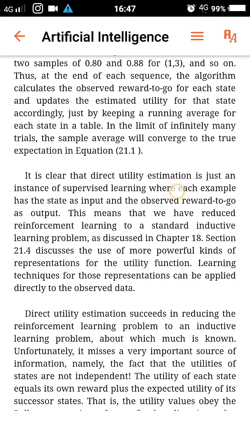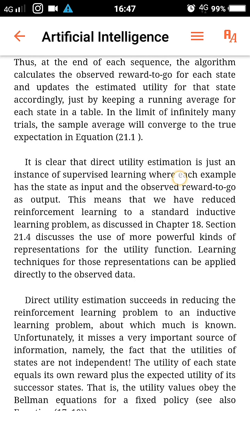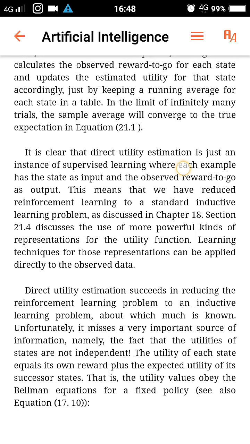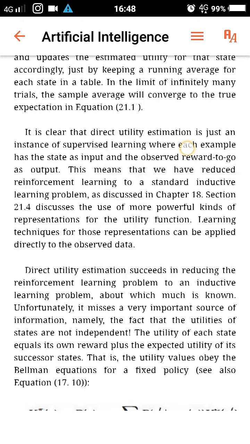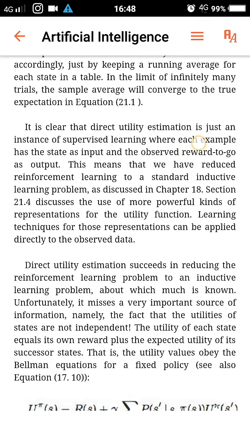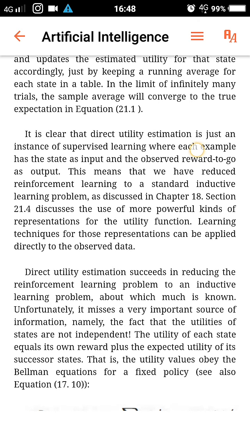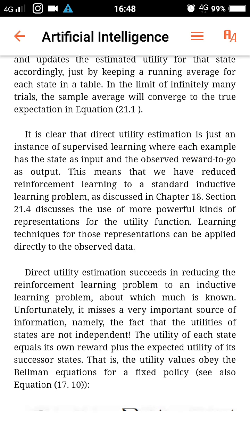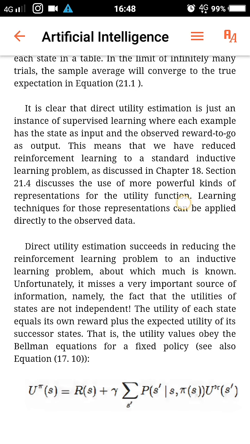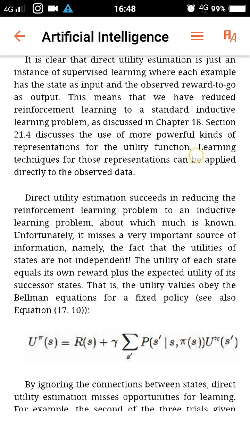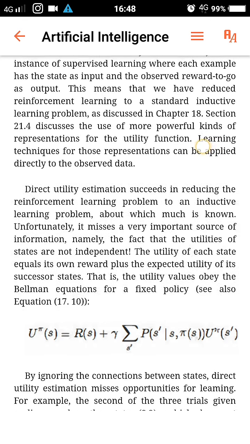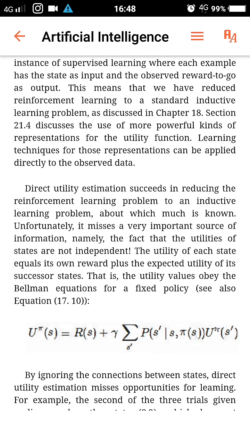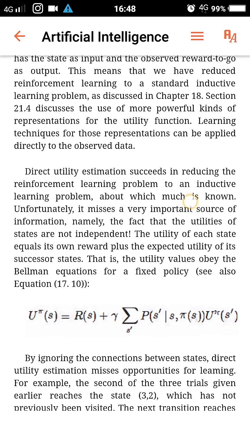Thus, at the end of each sequence, the algorithm updates the estimated utility for each state accordingly, just by keeping a running average for each state in a table. In the limit of infinitely many trials, the sample average will converge to the true expectation in the equation. It is clear that direct utility estimation is just an instance of supervised learning where each example has a state as input and the observed reward-to-go as output.